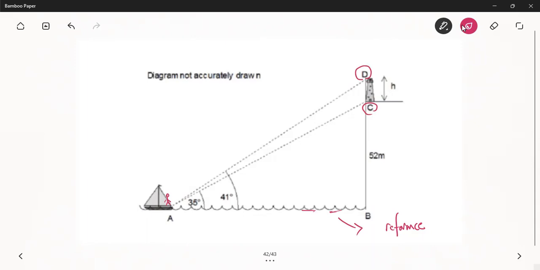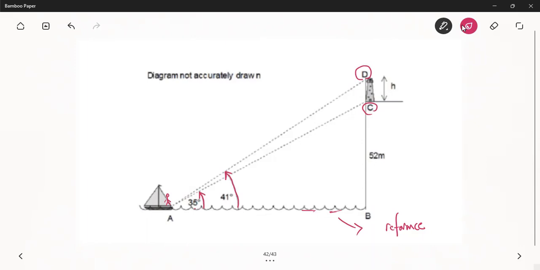He measures this angle at 35 degrees. Now, the other one, Simon, that Lucas is going to measure is the top of the lighthouse. Again, look at that, the angle is just above the surface line, like the other one. That's why both of them are angles of elevation.